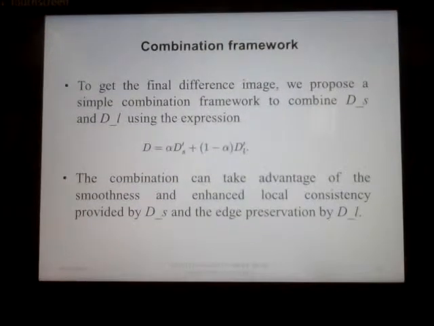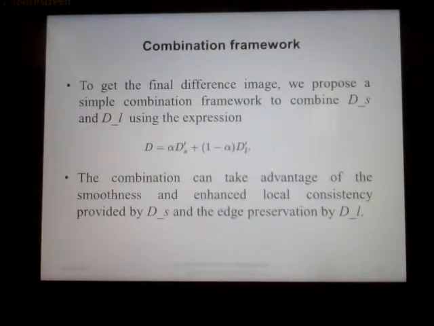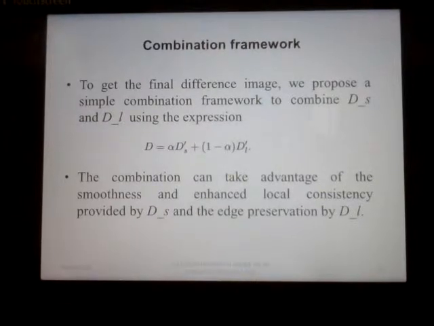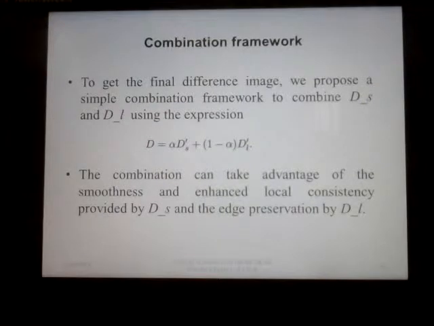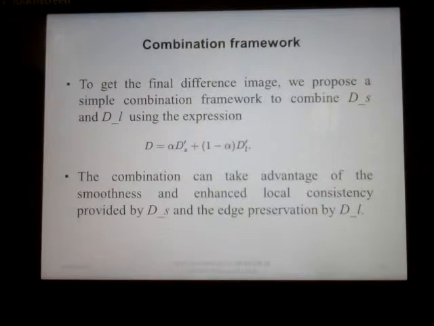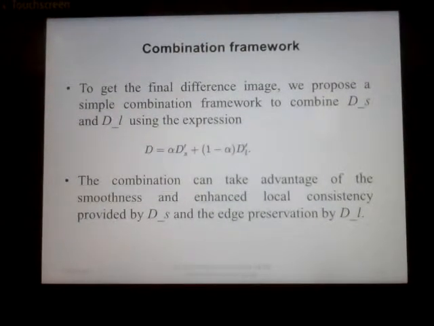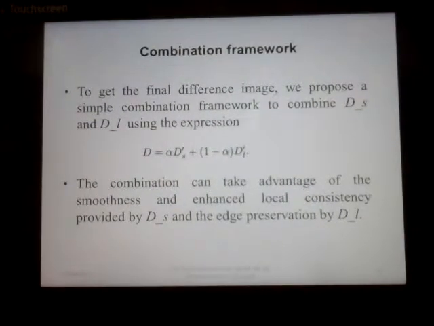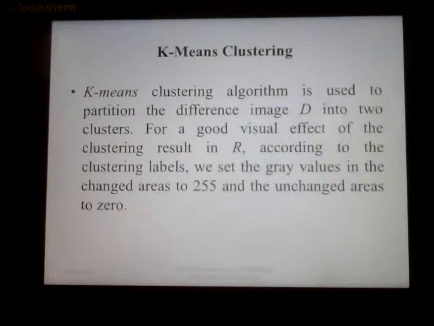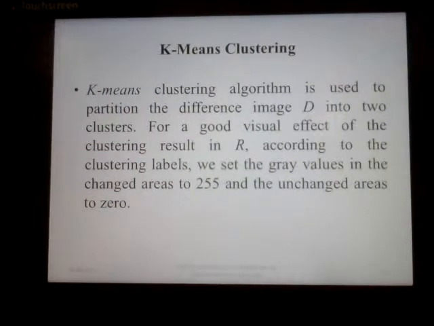Combination framework. To get the final difference image, we propose a simple combination framework to combine DS and DL using the expression. The combination can take advantage of smoothness and enhance local consistency provided by DS and the edge preservation by DL. DS is the subtraction operator and DL is the log ratio operator.